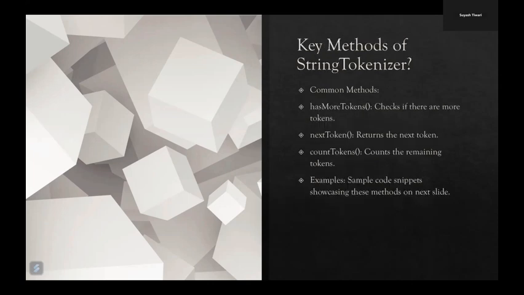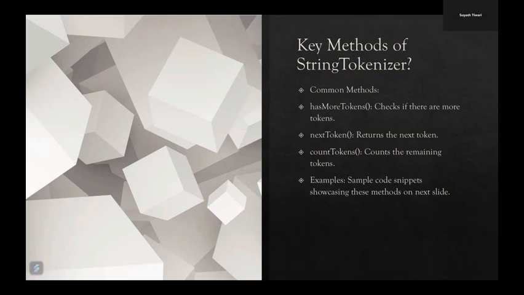Now, the key methods of string tokenizer. These are the common methods programmers used with a string tokenizer. The first one is hasMoreTokens, which checks if there are more tokens that need to be split in the string given by the user.